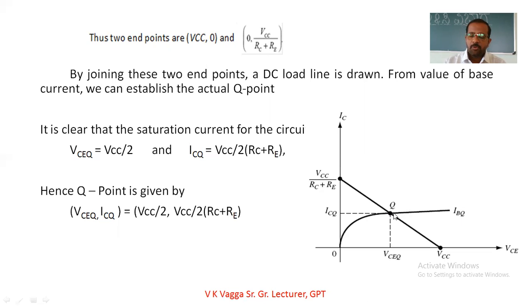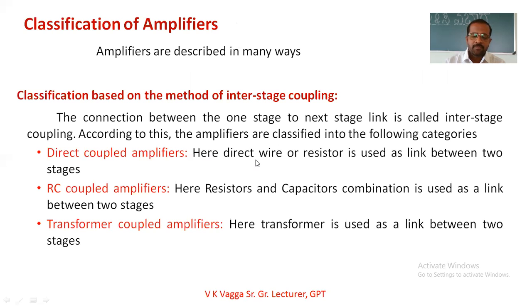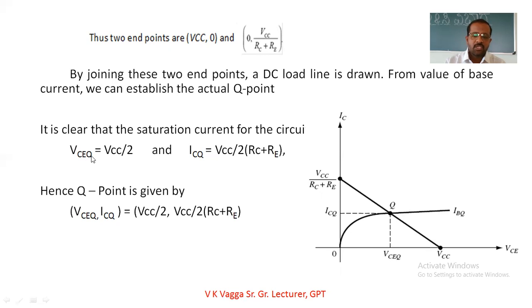If I take the Q point exactly in the middle of the line, its values on the x-axis and y-axis are exactly half.